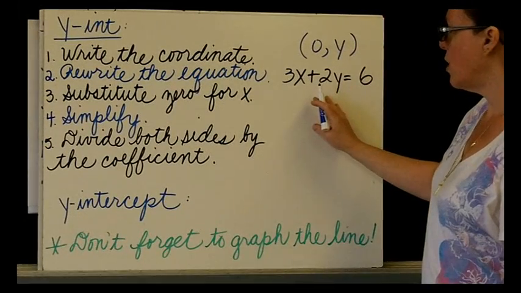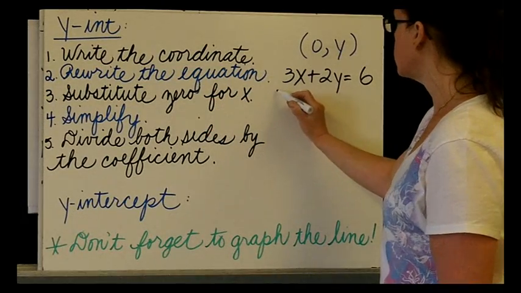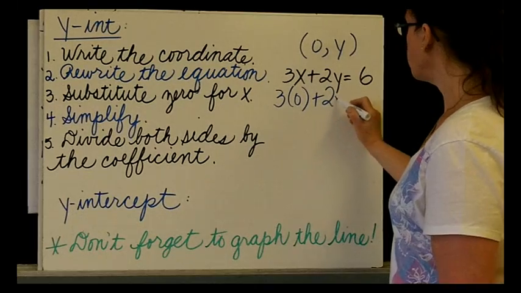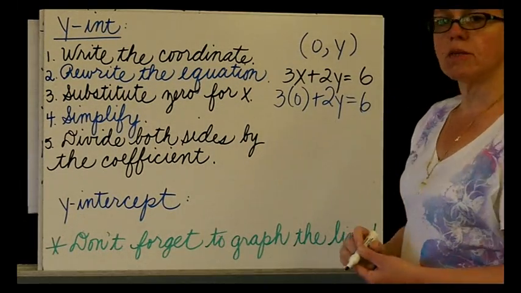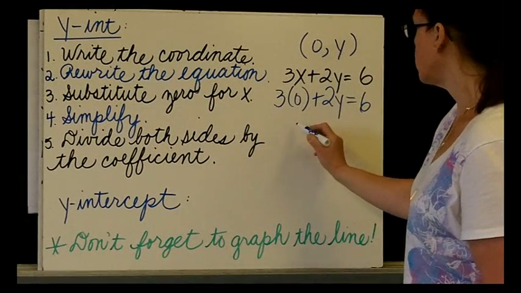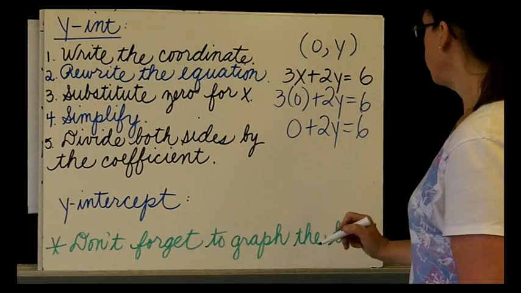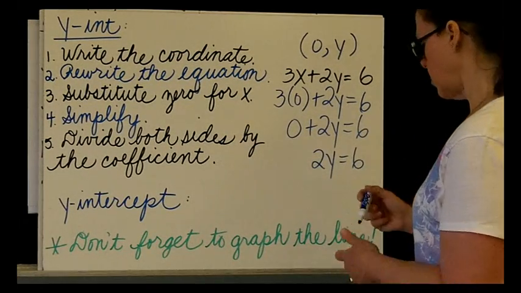We rewrite the equation, and now we substitute a 0 for the x. So we have 3 times 0 minus 2y equals 6. Our next step is to simplify. 3 times 0 is 0, minus 2y equals 6. That gives us negative 2y equals 6.